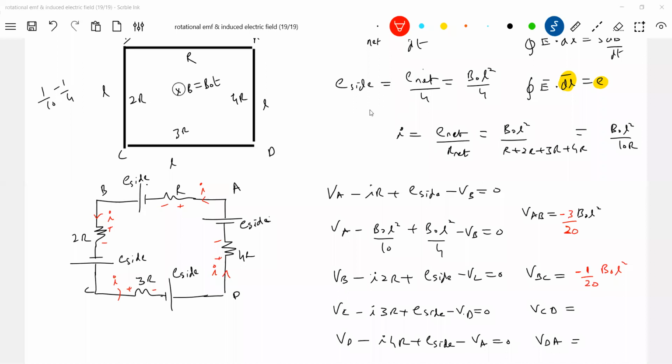Last VCD and VDA. Plus 1 by 20. Plus 3 by 20.